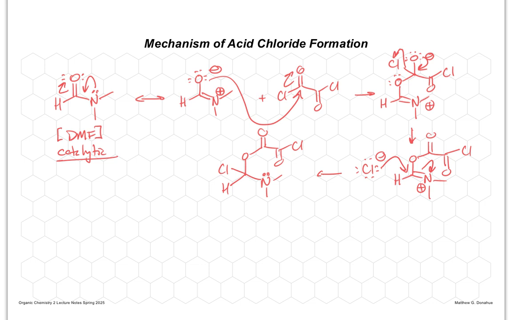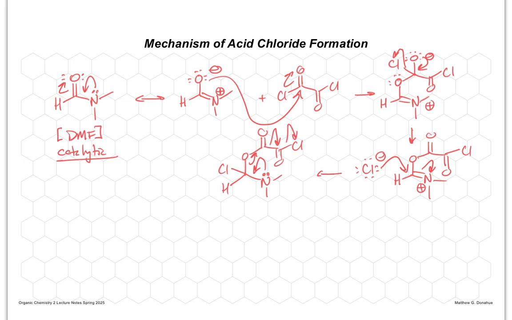So that lone pair will then eliminate. The OC bond will cleave. And so this is the weird part here. That's going to form an oxygen-carbon double bond. This bond breaks, the electrons go on the carbon. And then the chlorine's ejected.